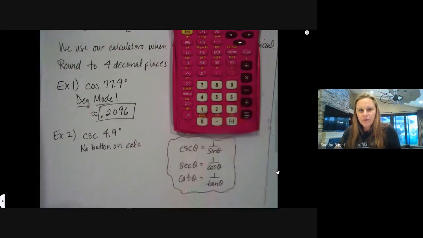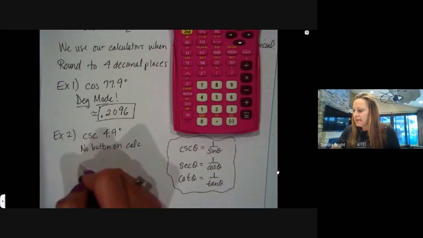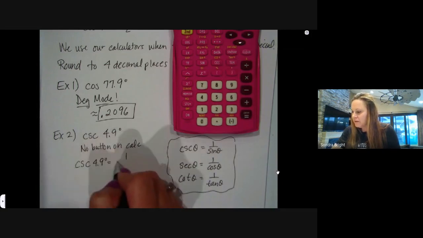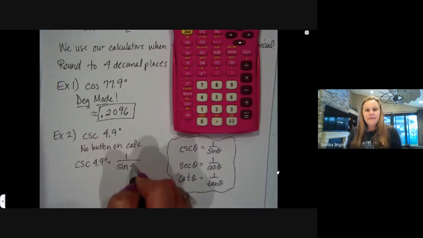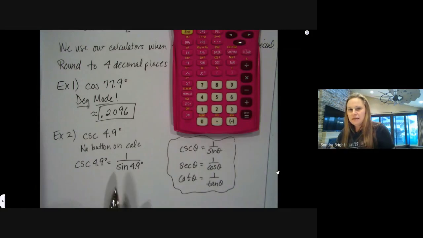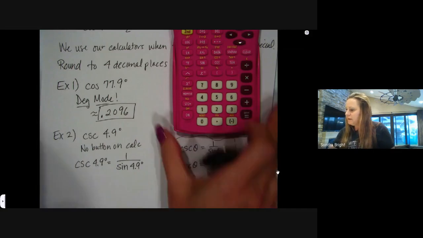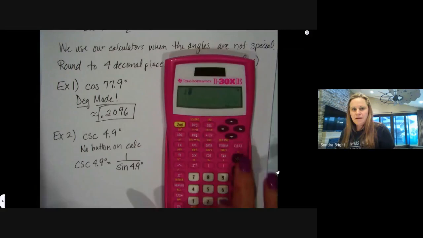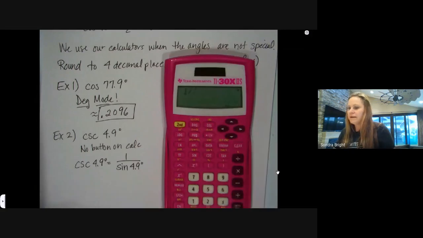So to find cosecant of 4.9 degrees, it's equal to 1 over sine of that same angle. And that's what you'll put in your calculator. You'll hit 1 divided by sine of 4.9 degrees. All right, so let's try this out. I go 1 divided by sine of 4.9.